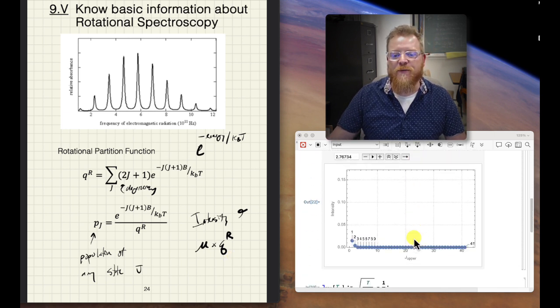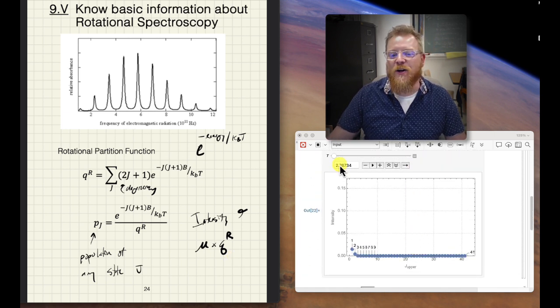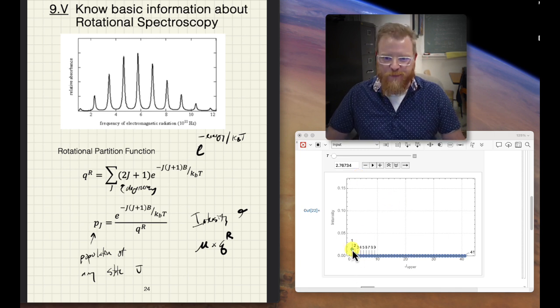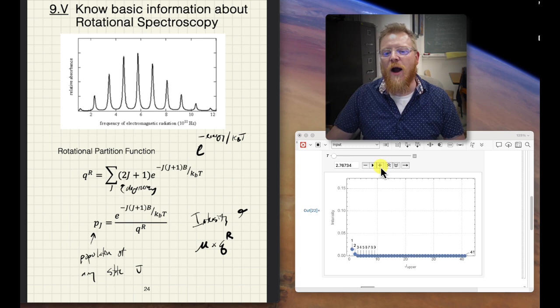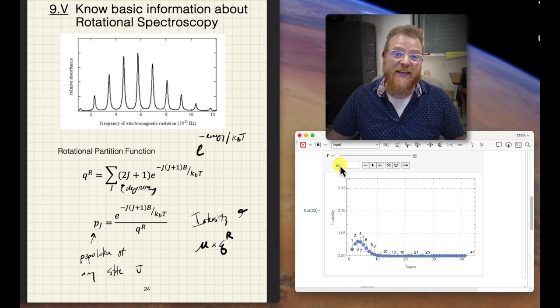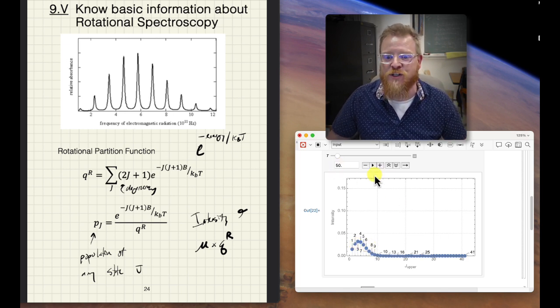And so we get something very cool here. I had to start this at a minimum value. You can't start it at 0. And I chose 2.76 very carefully because that corresponds to the rotational temperature of 1 level. Now if I arbitrarily make this temperature increase, we can see that more of these J values appear in the spectra, because at a higher temperature I'm going to populate more J values.